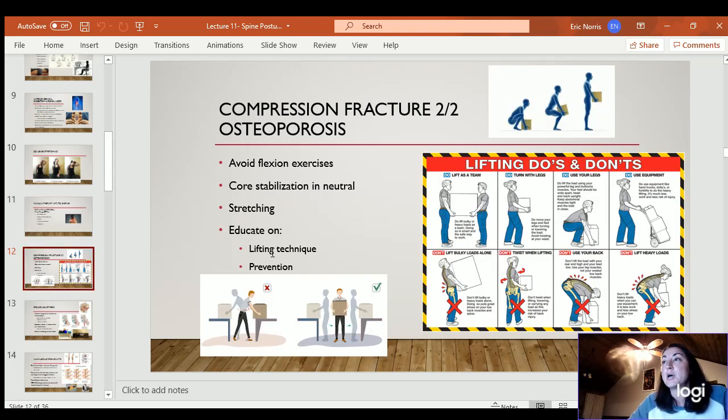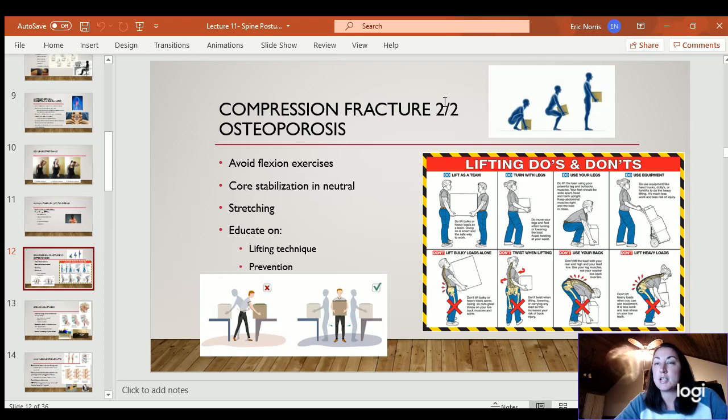Okay, so compression fracture is what we will be going to next. The compression fracture that is related to osteoporosis, due to or secondary to, is this abbreviation. With someone who has a compression fracture of the spine, they do want to avoid flexion exercises.